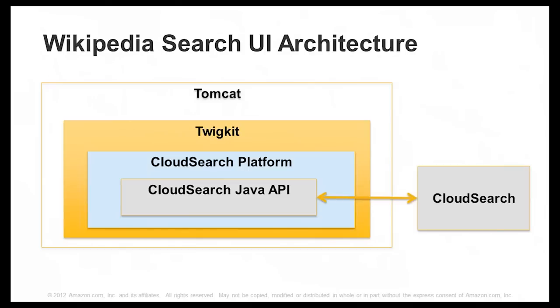We then wrapped that Java API with the CloudSearch platform. That's a special TwigKit plugin, which essentially translates the communications required by TwigKit to the communications provided by the CloudSearch Java API. So it's a translation layer to translate between CloudSearch needs and TwigKit needs.